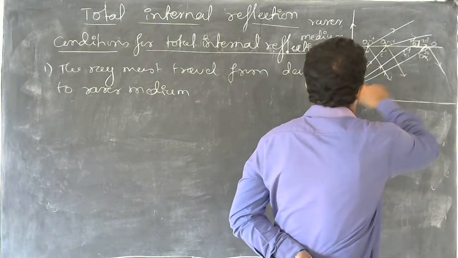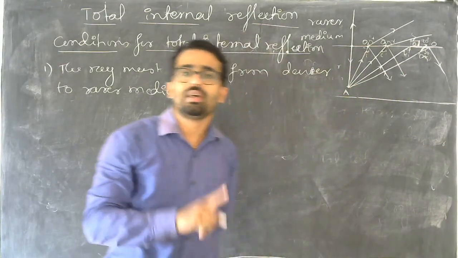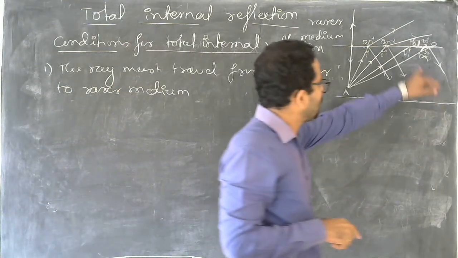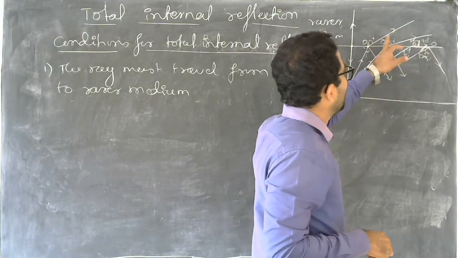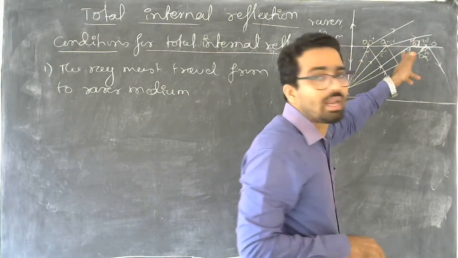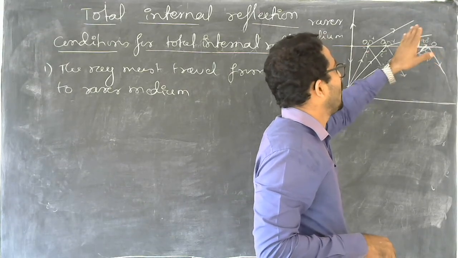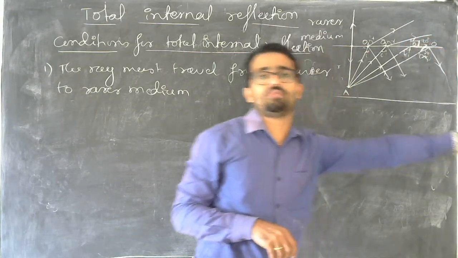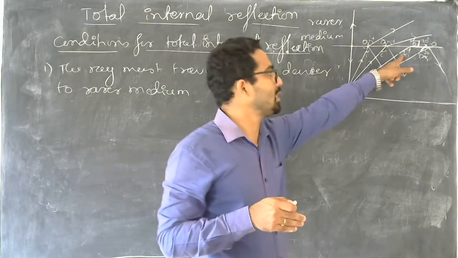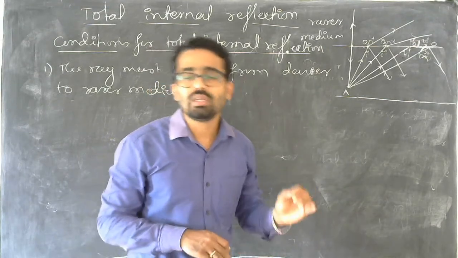Total internal reflection happens only when the ray is incident at an angle greater than the critical angle. For all other angles, we were getting reflected and refracted light. Even if it is incident at the critical angle, we got light which grazes the interface of the two media. But once we increase the angle of incidence greater than this angle, the ray is totally reflected into the same medium.